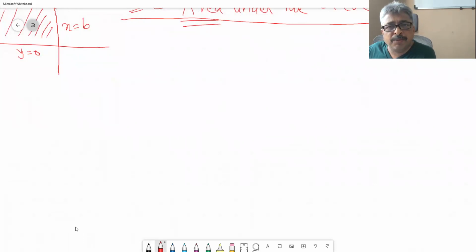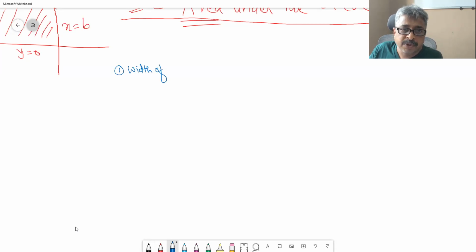Now when it comes to actually finding out the area under the curve, it will be difficult if we use the flexibility: number one, width of subinterval.